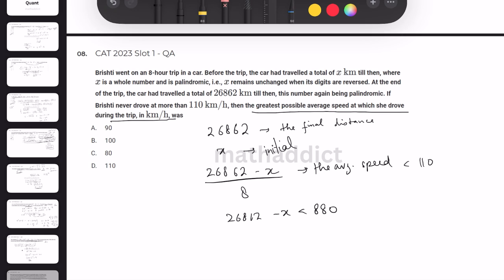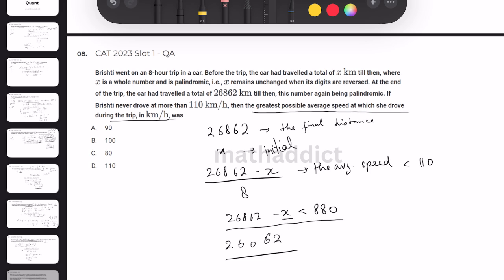That is, we need to find the smallest x satisfying this condition, which is also a palindrome. So I think that will be 26062. Yeah, I think this should be this.